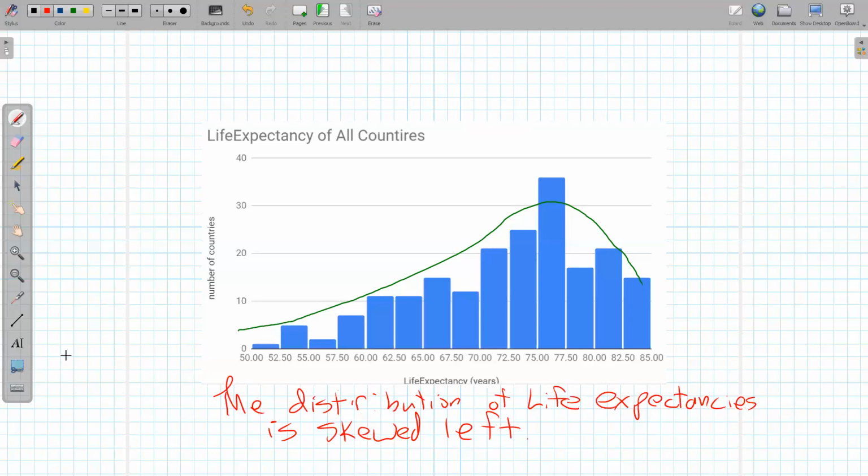If we did want to talk about where the majority of life expectancies lie, I think I would put it between 70 and 85. Those are most of the tallest stacks. They're all of the tallest stacks, so we can say that too.